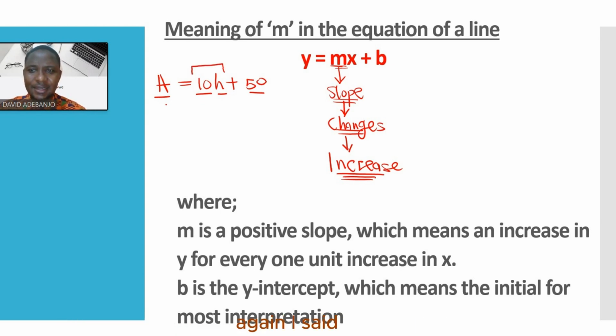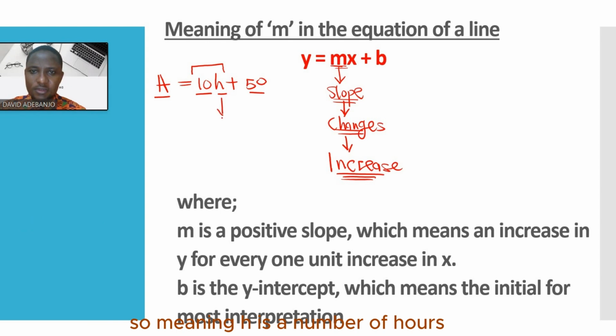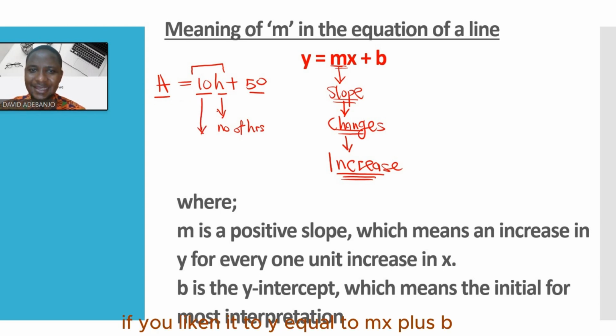Again, A is the amount that the guy earned after working for H hours. So H is the number of hours, while the 10 there, if you liken it to y equals mx plus b, you can tell that it is the slope. Like I said, it's no longer called slope, but rather we call it changes.